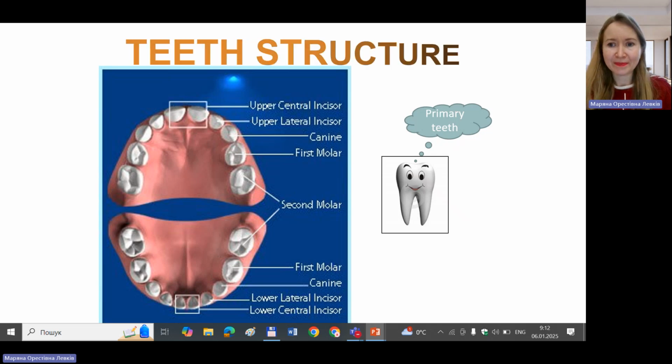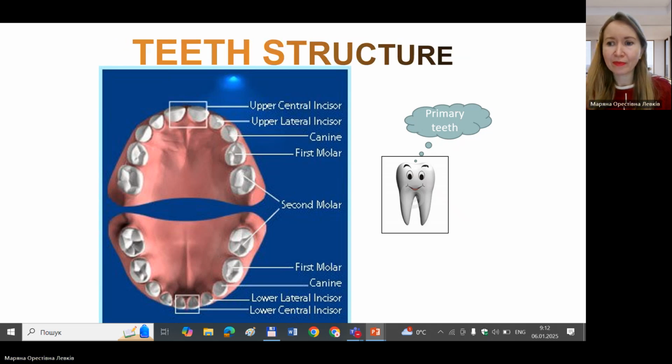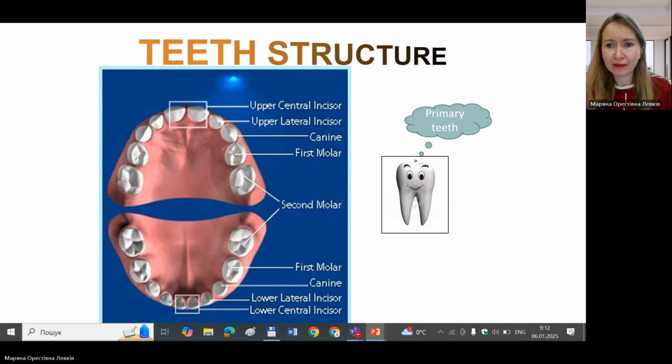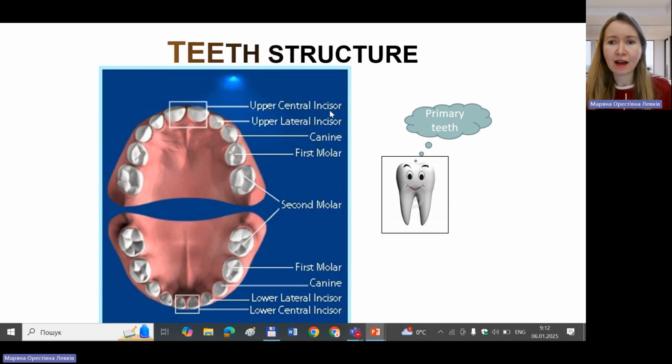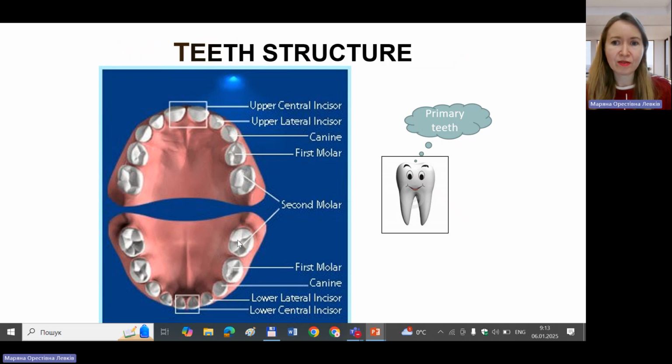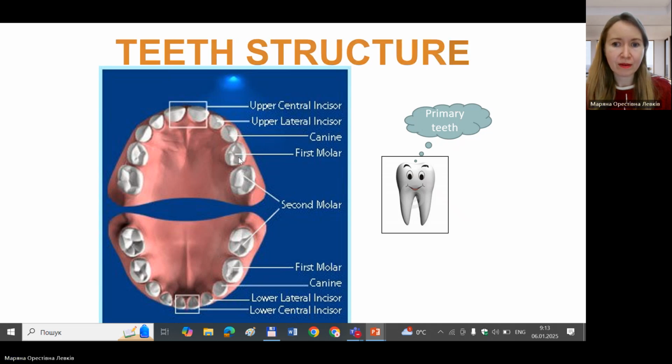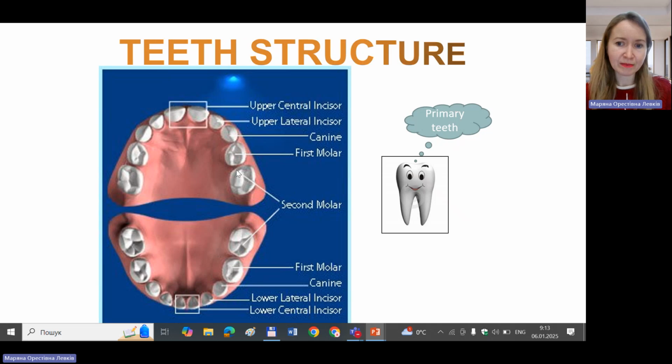Structure of teeth. In a primary dentition, we have such groups of teeth: incisors, upper central and lateral, mandibular central and lateral, canine, first molar, maxillary and mandibular, second molar, maxillary and mandibular.